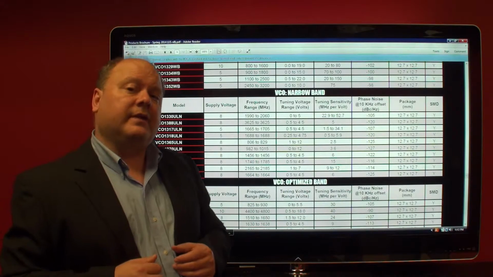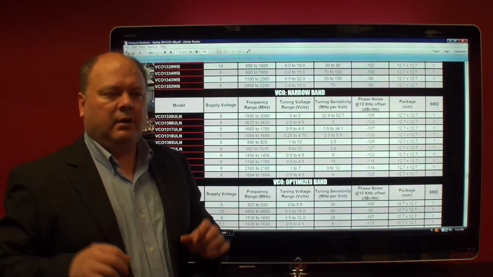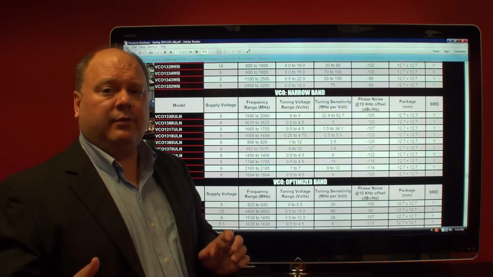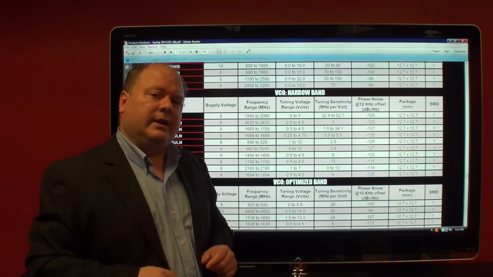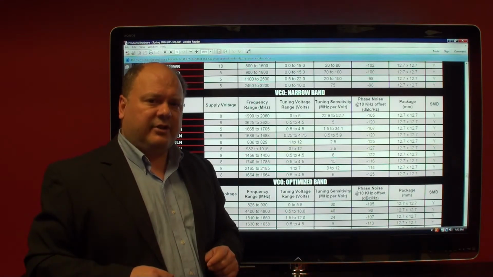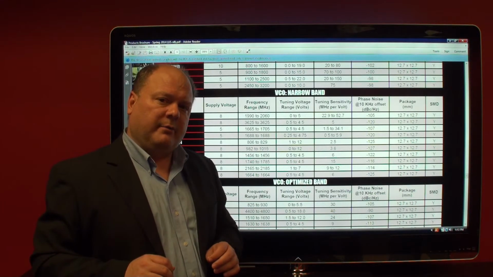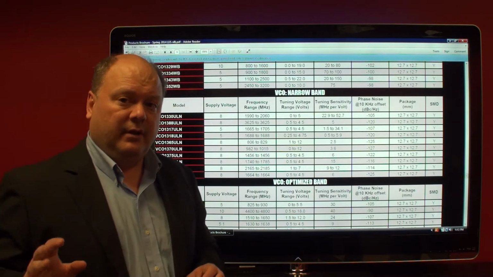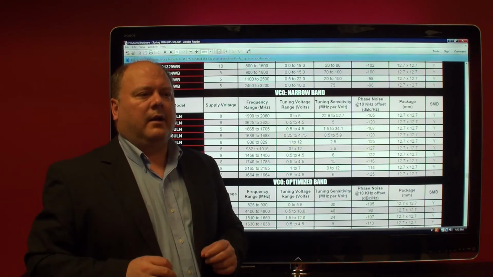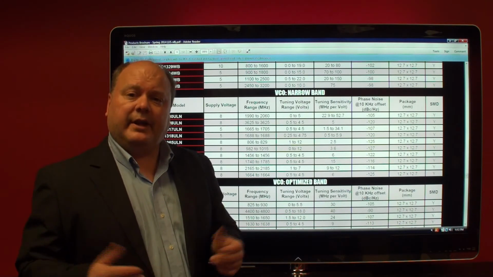We can do synthesizer modules for customers, but again, that requires a more intimate interface with your highest level R&D engineers in your account to understand their system requirements, their RF system requirements, to a much higher level than just say at the TCXO or OCXO level. That will be handled on a case-by-case basis.